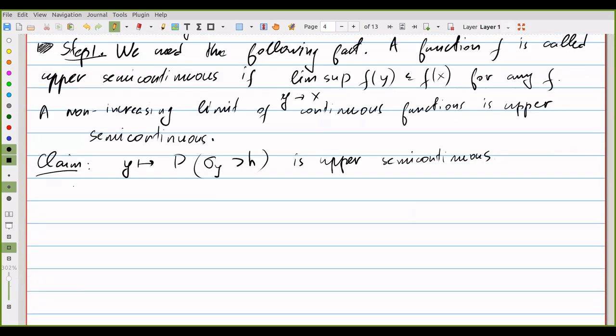So to prove this, define the following set of functions. The Wiener process started at y stays inside of D for this interval.